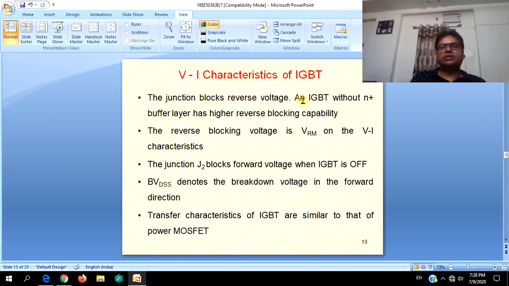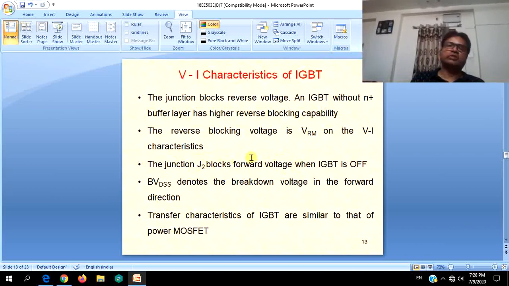The junction blocks reverse voltage. An IGBT without N plus buffer layer has higher reverse blocking capability, that is non-punch through. Reverse blocking voltage is VRM on the VI characteristics. The junction J2 blocks forward voltage when IGBT is off. When it is turned off but voltage is still applied, J2 blocks the forward voltage.